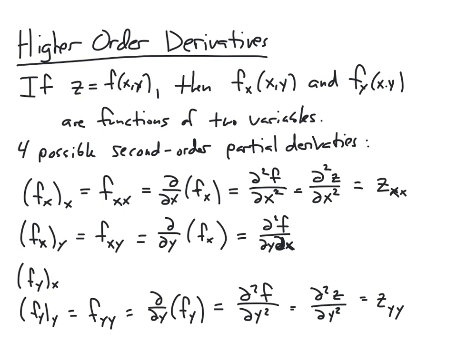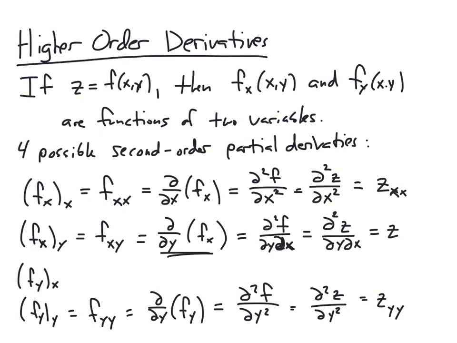But with the del f del x kind of notation, we're thinking of that as more of an operator. So like we did in this previous item here, where we're thinking of taking the derivative with respect to x first and then multiplying on the left by del y. Right? And of course, same thing works for z, del squared z over del y del x.